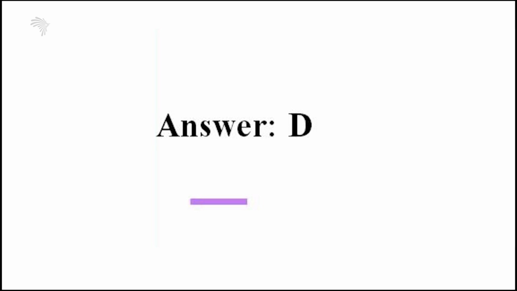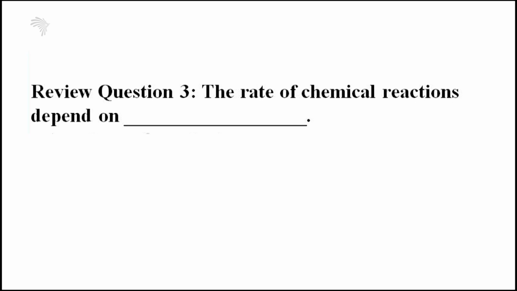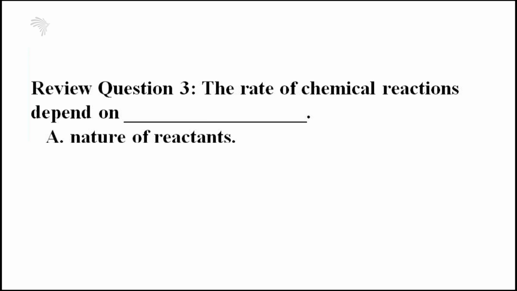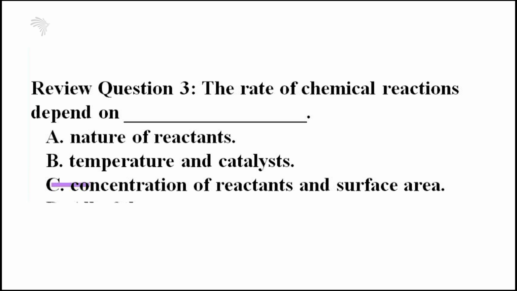Now let's move on to question number 3. It says, the rate of chemical reactions depends on: A, nature of reactants, B, temperature and catalysts, C, concentration of reactants and surface area, D, all of these. Well, this is also a very simple question.